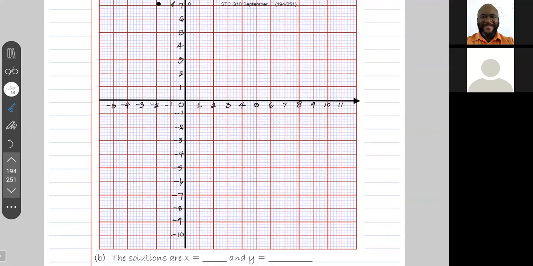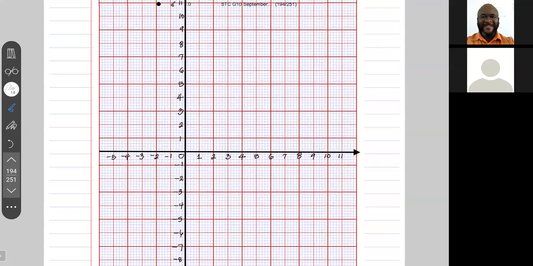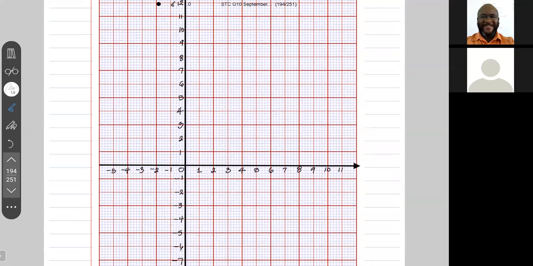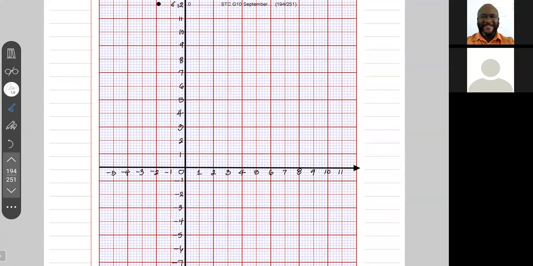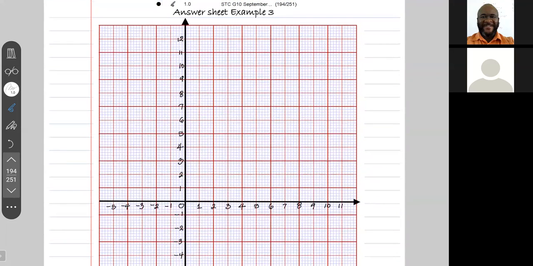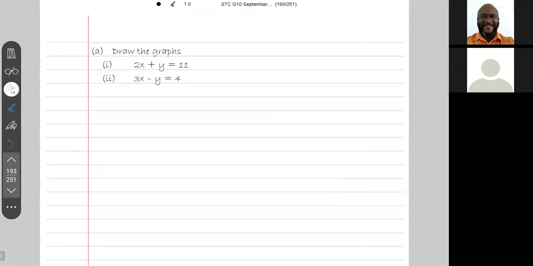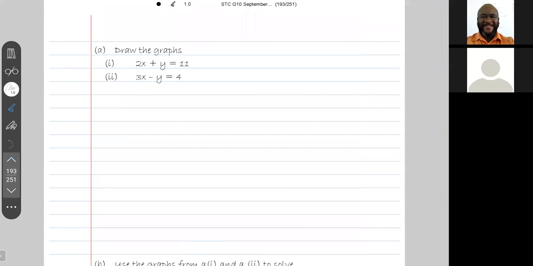All right, so I prepared my graph sheet. The highest value of x is 11, the highest value of y is 12. So I need to draw these two graphs.